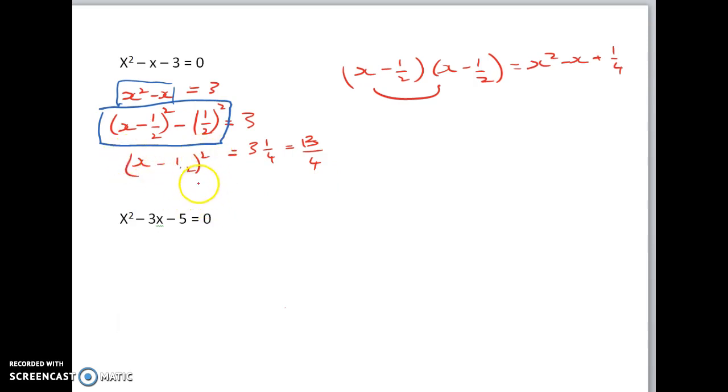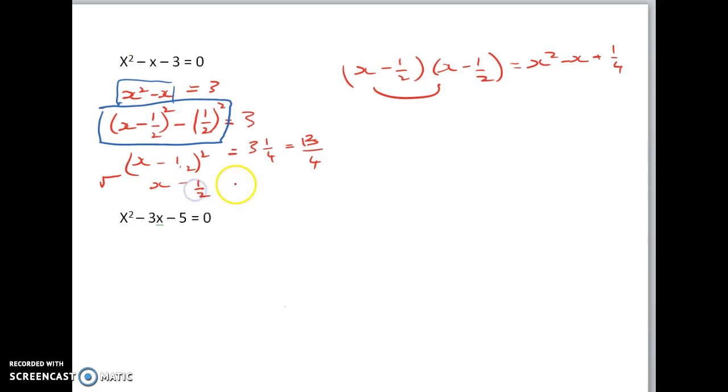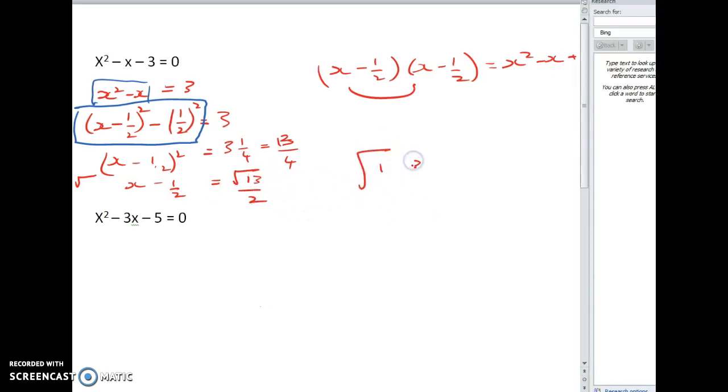If we square root both sides, we get x minus a half equals root 13 over 2. That's because the square root of 13 over 4 is the same as root 13 over root 4, which is root 13 over 2.